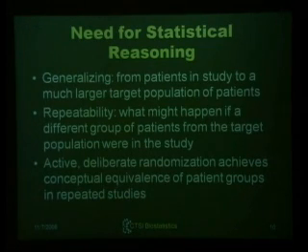If you chose any way other than randomization, it would be very difficult to say that a study is being repeated. Because if it depended on how you choose, and you used some subjectivity in assigning patients to the two arms, then it would be very difficult to say that someone else could actually replicate your experiment. But if you're actively and deliberately randomizing, someone else could do that too, and therefore get a comparable study.